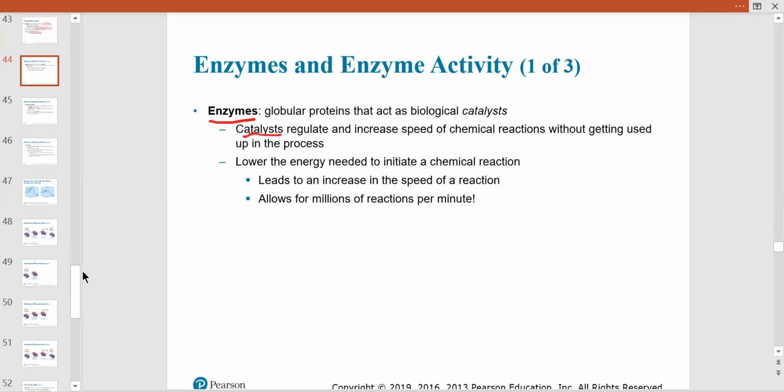They don't just push the reaction. These catalysts decrease the energy of activation for that particular reaction to go forward. So that speeds it up.